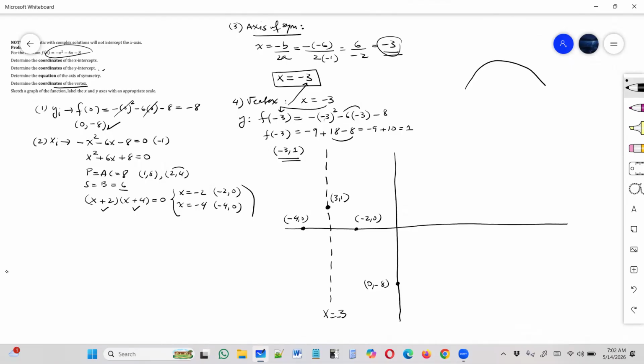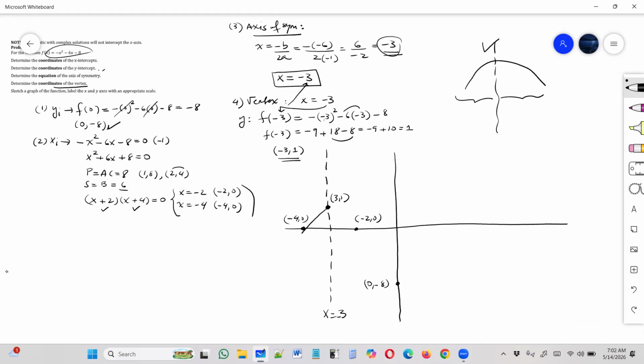And all I have to do now is graph. And my graph has to pass through these points. I already know it's concave down, right? Because of the -x squared. So remember, the left side of the parabola is equal to the right.